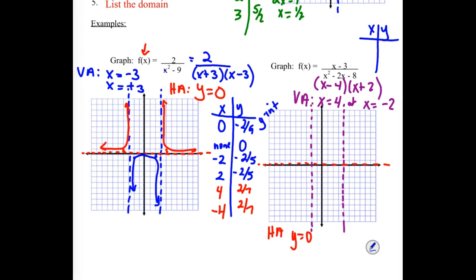All right, so what do we get if we put a 0 in for x? All of my x pieces go away. I have a negative 3 divided by a negative 8. Negative negative would be positive, so 3/8. Okay, so I'm crossing the y-axis at 3/8.